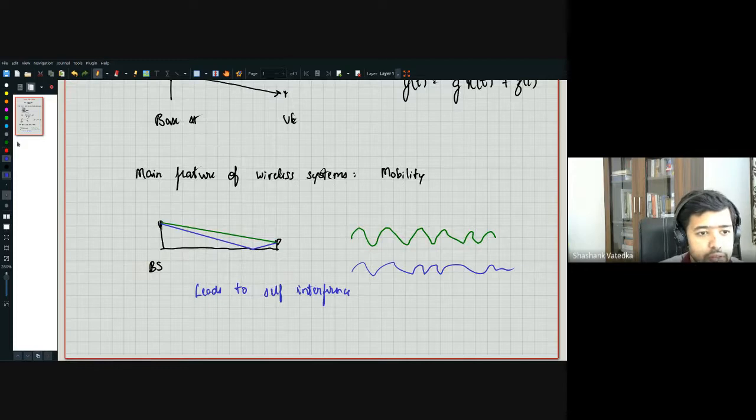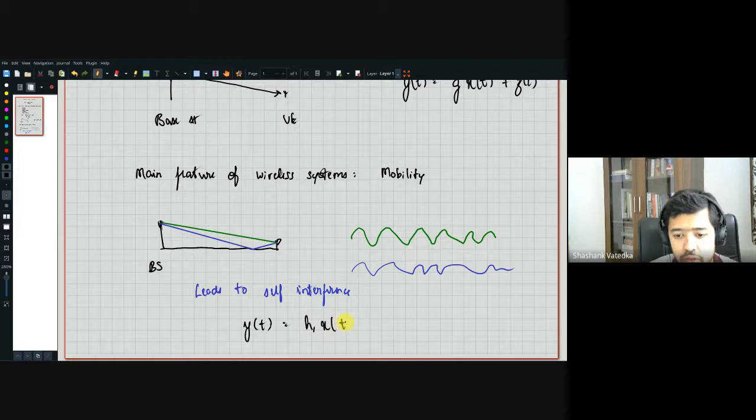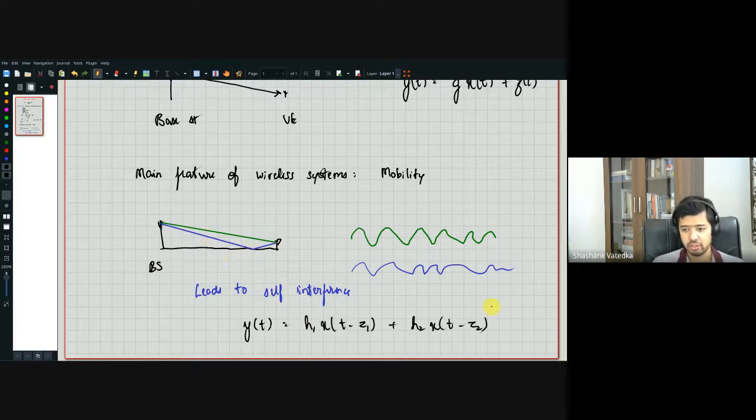Right, so in other words, what is received at the receiver, y of t, is equal to, let's say, h1 x of t minus tau 1, because what you transmit at a particular instant is received at the receiver after a certain amount of delay, because the signal actually has to propagate, plus h2 x of t minus tau 2, because the distance traveled along this path could be different, plus z of t, right?